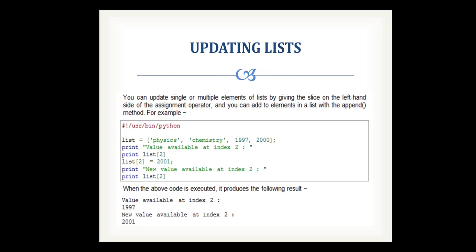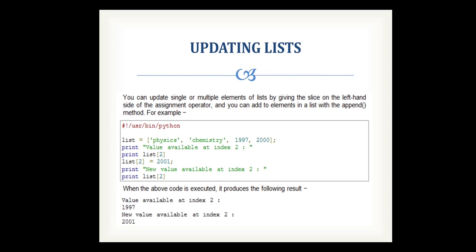Here we are going to see how to update a list. See the first list, that means physics, chemistry, 1997, 2000. Now we are going to print the value of the list at index position 2. So it will directly print 1997, because physics has index number 0, chemistry has index number 1, and 1997 has index number 2. But now we are going to update the element of the list whose index number is 2.